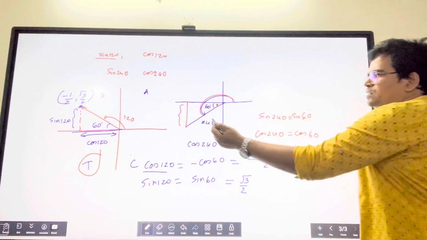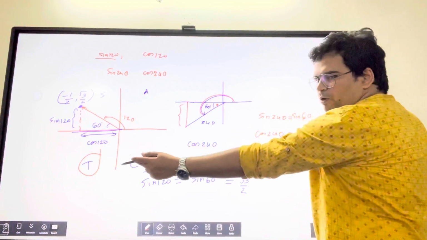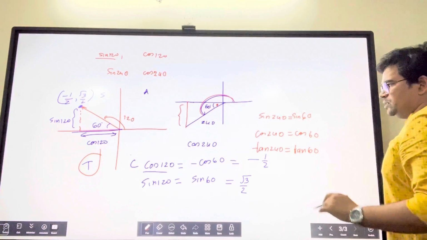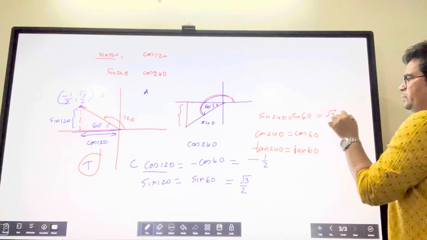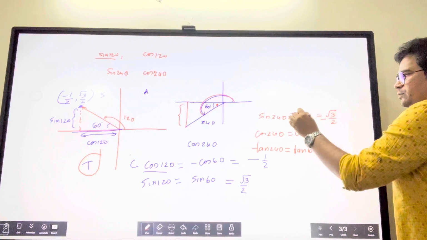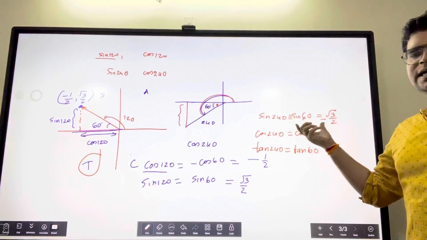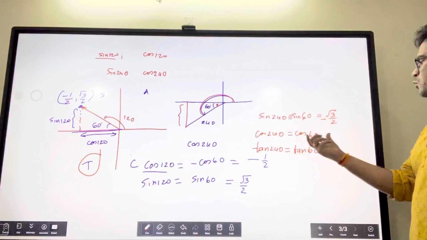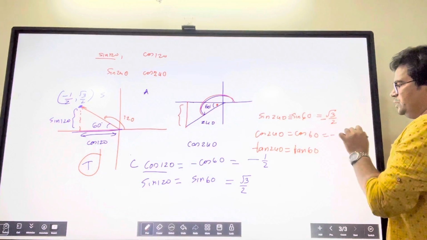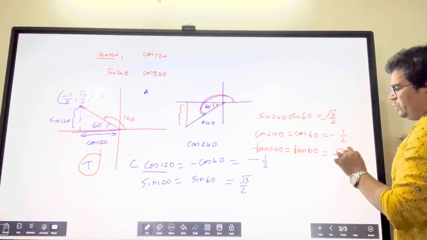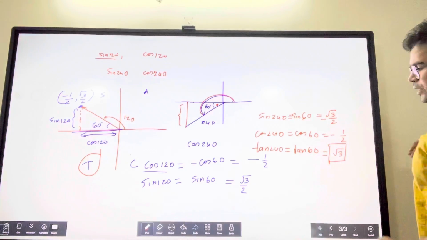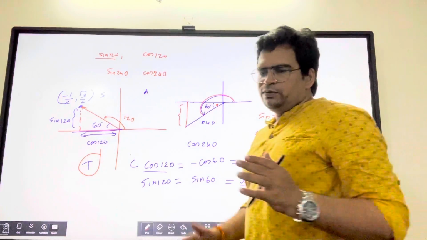Since in the third quadrant only tan is positive, sine 240 is sine 60, which is root 3 by 2, but it will be negative. So sine 240 is negative sine 60. Cos 240 is negative cos 60, which is negative half. And tan 240 is tan 60, which you can find using the triangle is basically square root of 3.